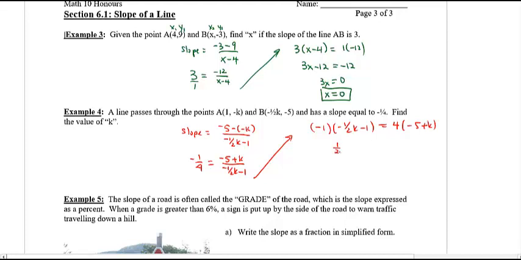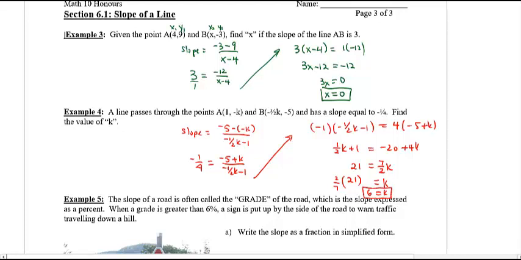We'll simplify this to 1/2 k plus 1, negative 20 plus 4k. 4k minus half k, that's 3.5k, or 7/2 k. And then 20 plus 1 is 21. And I can try to solve this by multiplying now 21 by 2/7. And I think that just equals, that's right, 6. So k equals 6.